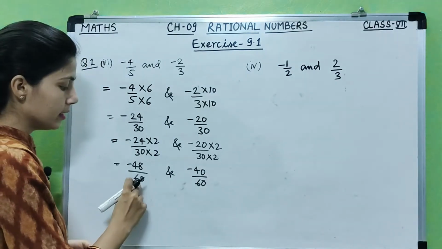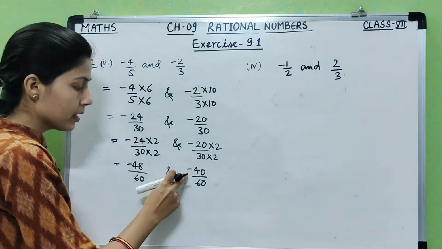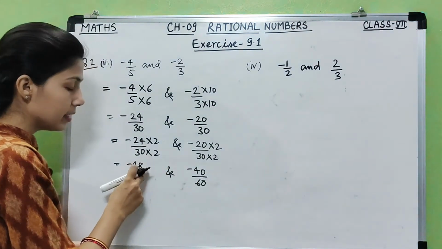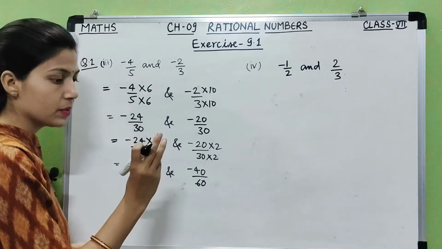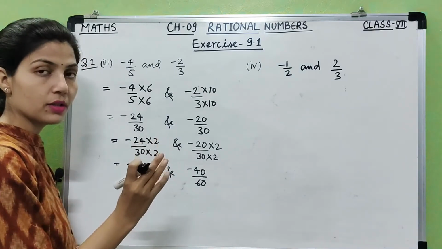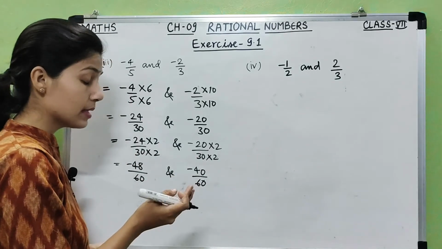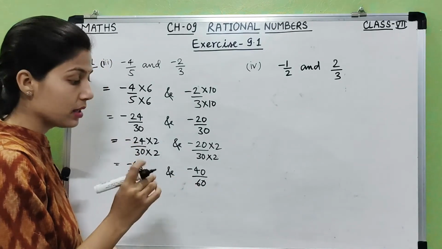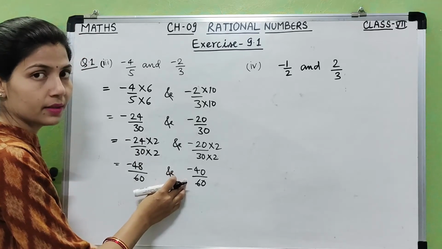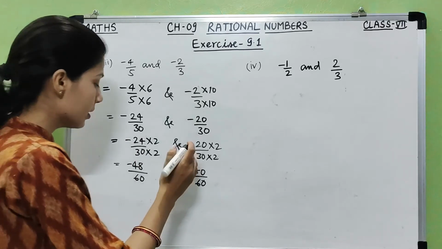Okay, now see the denominators are the same, and minus 40 and here is minus 48. So minus 41, minus 42, minus 43, minus 44, minus 45, minus 46, minus 47, meaning total 7 rational numbers can lie in between these two.